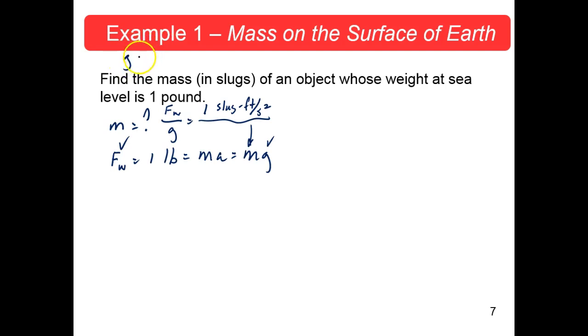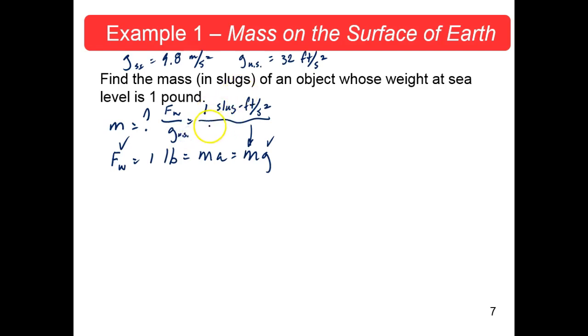g, as you just said, in the SI system is 9.8. Sometimes people use 9.80 meters per second squared. In the U.S. customary system, it is 32, some people use 32.2 feet per second squared. So you're using U.S. here.